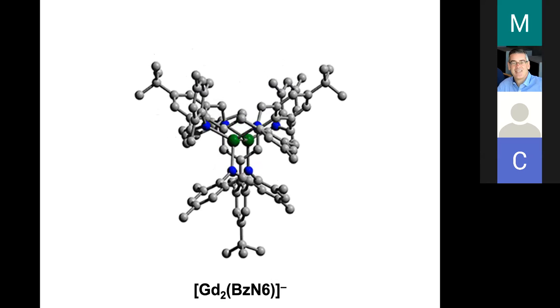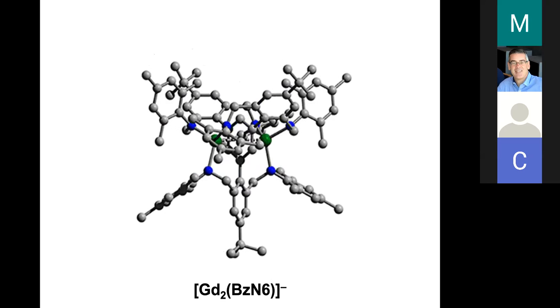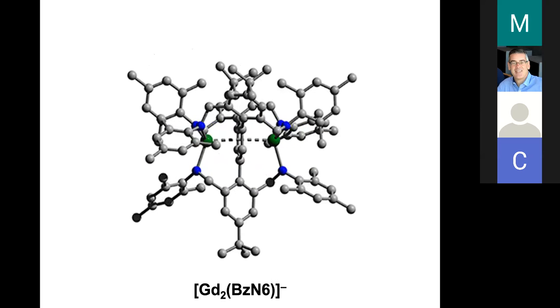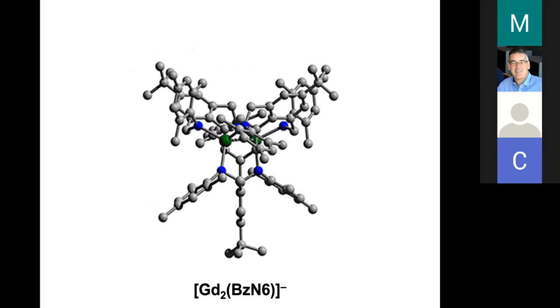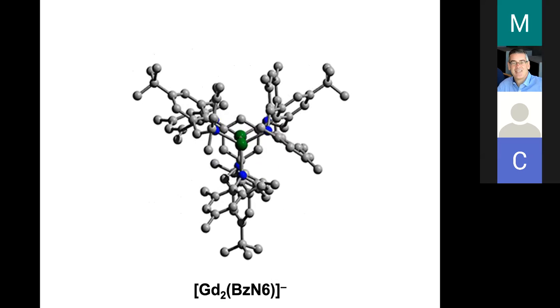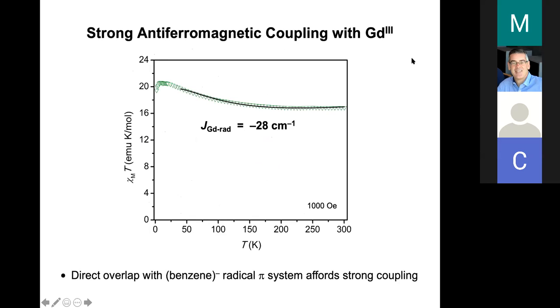And the orbital of that benzene 1- species can again engage the lanthanide, in this case gadolinium 3+, with direct exchange interactions. And so here you can see you're getting to -28 wave numbers. So similar to the N2 3- bridge that we had in the previous example.